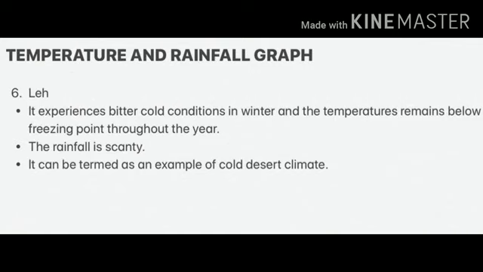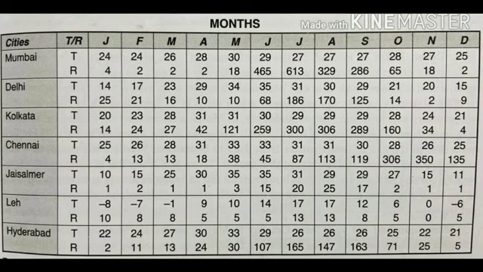Leh is located at a very high altitude in Ladakh region of Jammu and Kashmir. It is surrounded by high mountains on all sides and is deprived of the moderating influence of the sea. This place experiences bitter cold conditions in winter and the temperature remains below freezing point throughout the winter season.